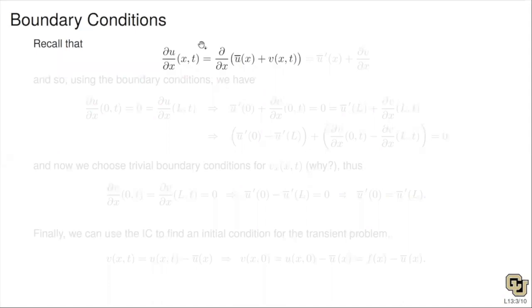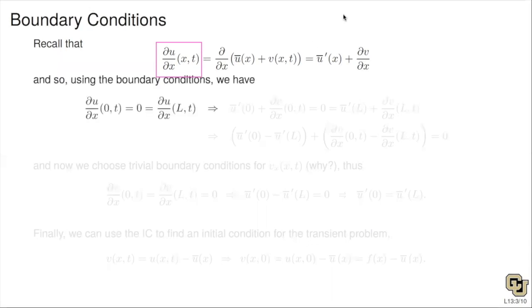If we go back to this boundary term, remember here, partial u, partial x, the u I replace with u bar plus v and distribute the derivative, excuse me. And so we get u bar prime plus partial v, partial x, okay? Now we look at the boundary conditions, because our boundary conditions are on this type of term, this partial u, partial x. So that's why I calculated that.